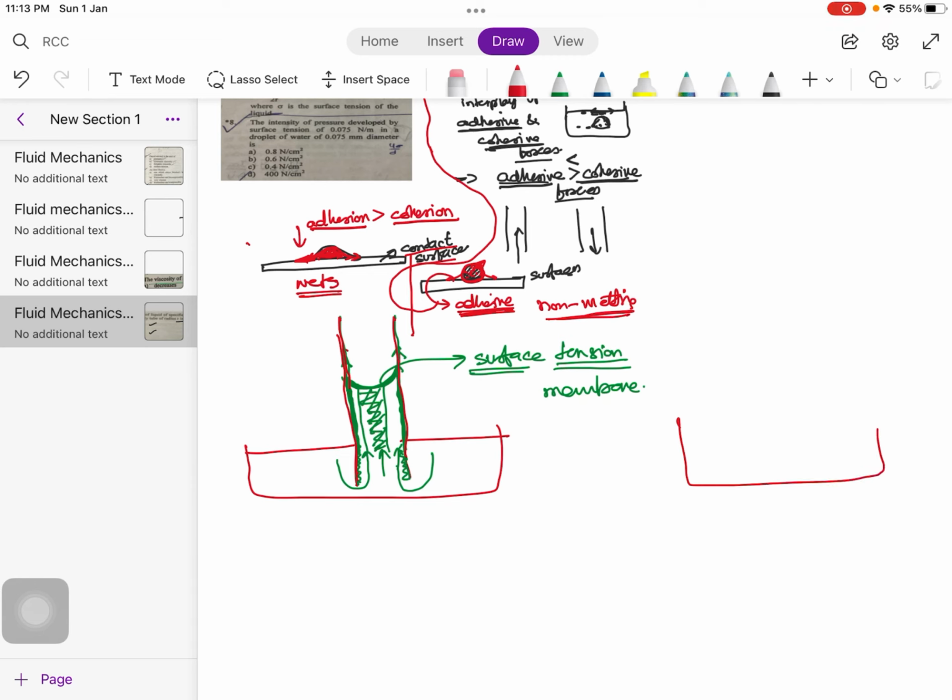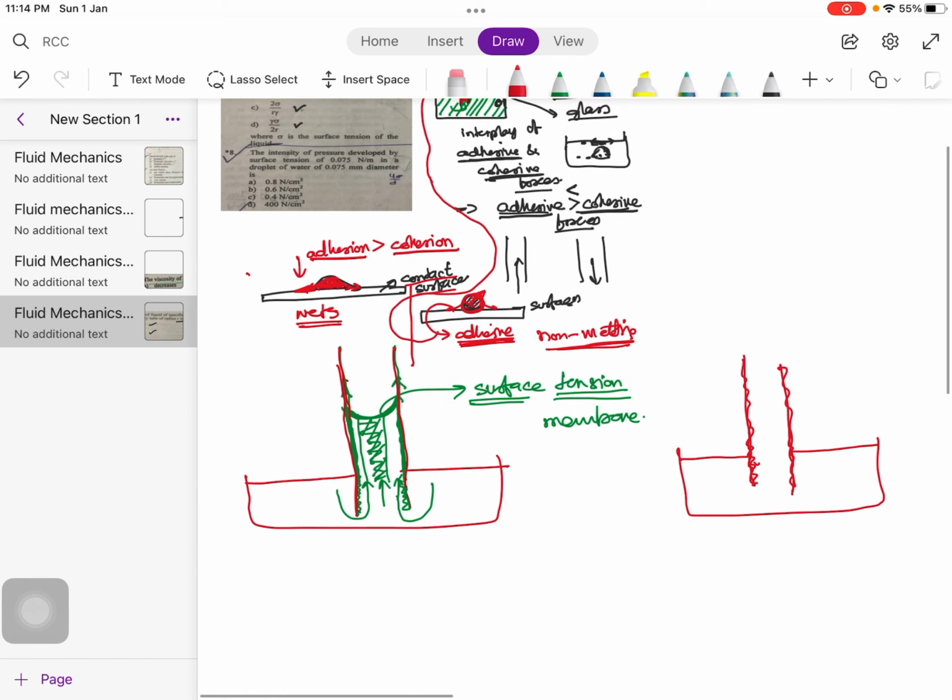Similarly, if the liquid molecules experience repulsion with the material of the surface of this capillary tube, the liquid molecules simply don't flush with this material of the capillary tube, and hence they experience a phenomenon like this.